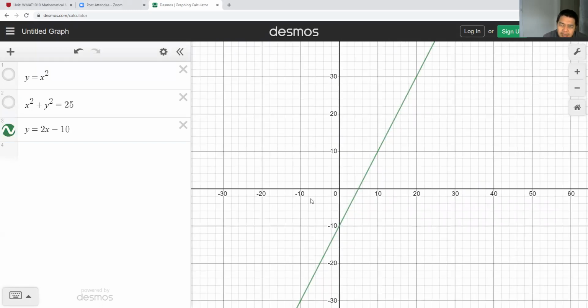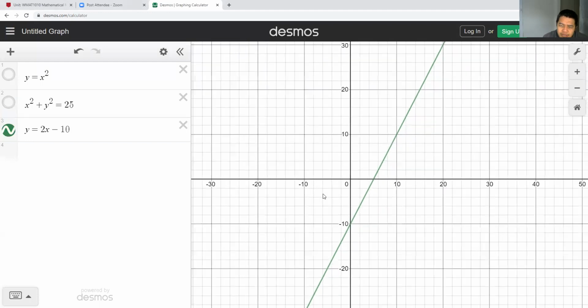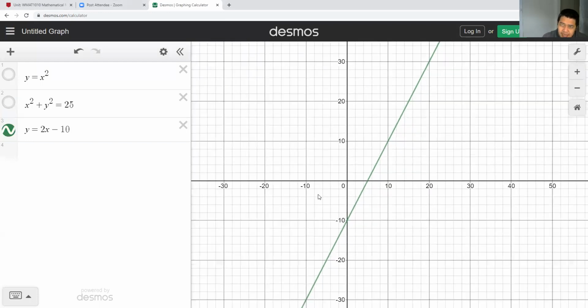Well, in this example, of course, when you plot the vertical line, everywhere the vertical line only cuts at 1 point, and that shows this is also a function. The y equals 2x minus 10 is a function.